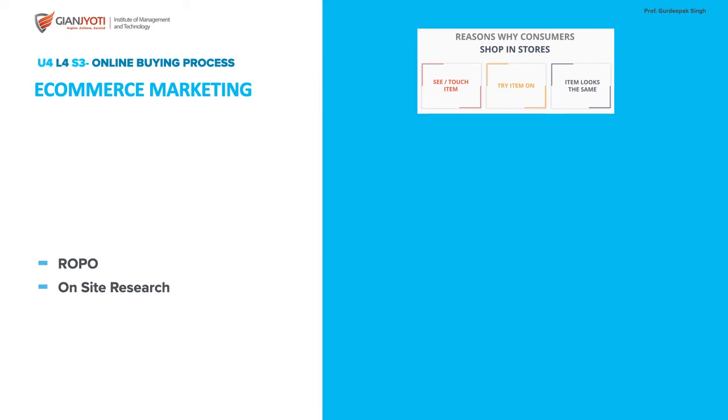So why people prefer to shop offline? As per a research, these are some of the key factors. Number one, people would like to see and touch the item, and they would like to try the item, especially clothing.